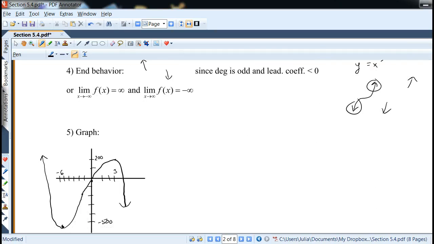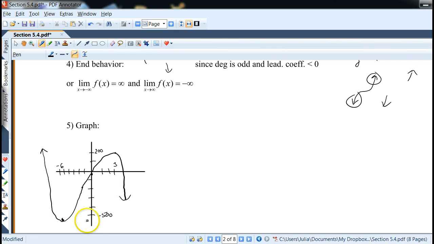Now graphing. I decided to count y's by hundreds, and if you're going to look in your calculator, I advise you to fix that and maybe put the scale by 100 so it doesn't look too big or too thick. So if you recall, we had a minimum. Basically, I just plot the points first. I put the minimum at negative 6 and negative 550 about.